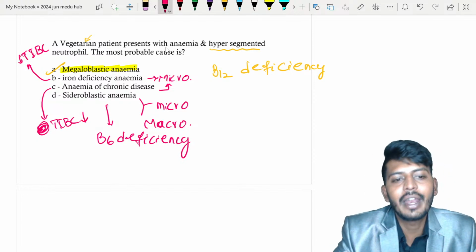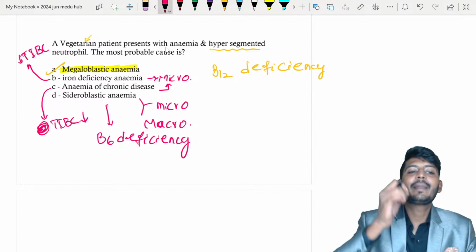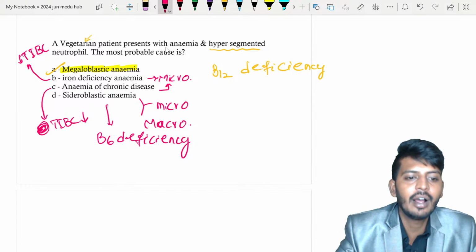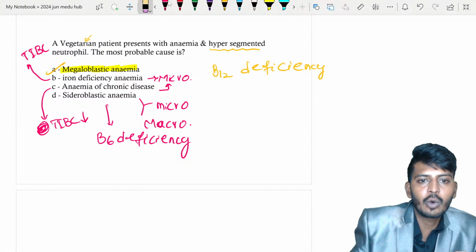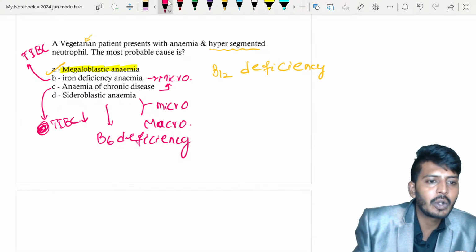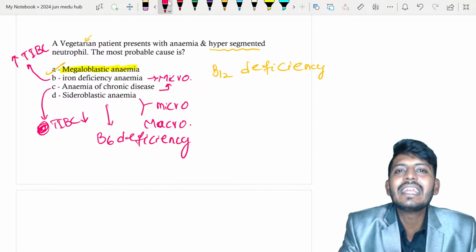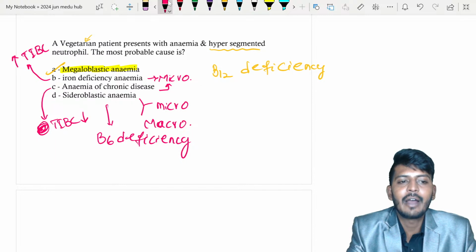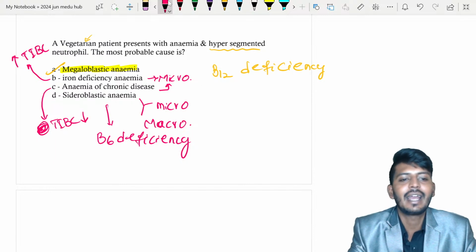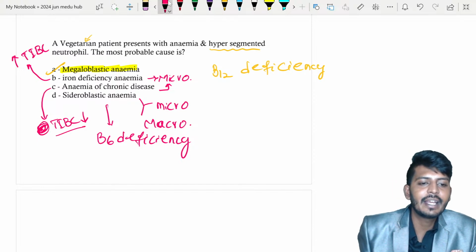TIBC kam ho gaya to anemia of chronic disease. Total iron binding capacity TIBC, sorry, I said correctly, wrote wrongly. TIBC badhega, total iron binding capacity is increased with iron deficiency anemia. Change it. And in anemia of chronic disease, it will be decreased.